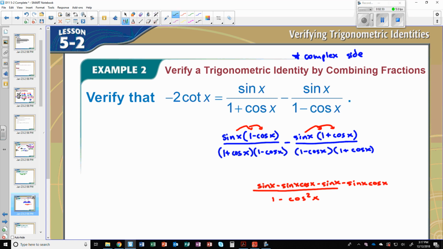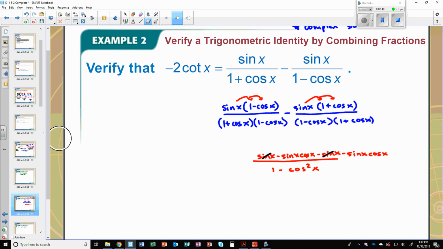Now when I simplify here, notice these two go away. They're opposite to one another. I'll slide down and extend my division symbol. Notice I now have 2 negative sine x cos x. So I can simplify this by making this negative 2 sine x cos x, because there are 2 of them.